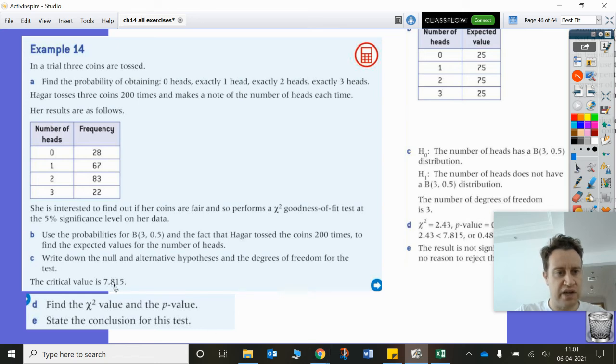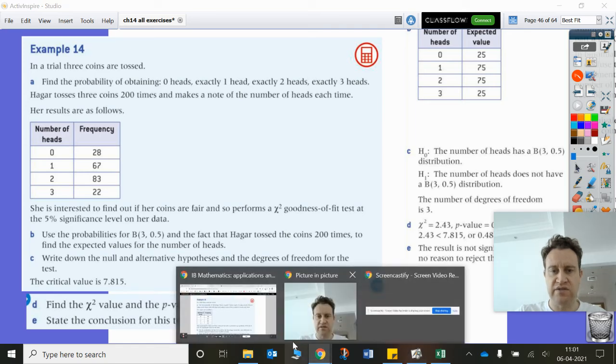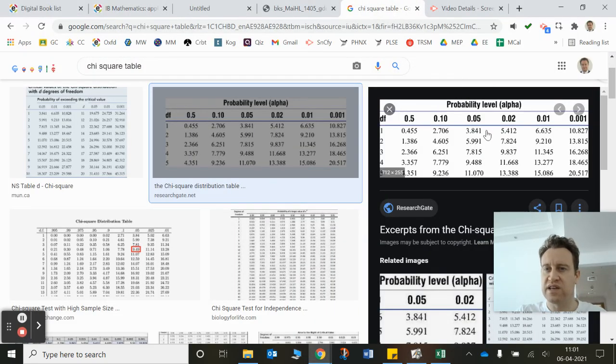The critical value is 7.815. We're doing it at the 5% significance level, so let's check that with the tables. It's 5% significance and degrees of freedom are 3, so 7.815 there. So we can get that from a table if we needed to.